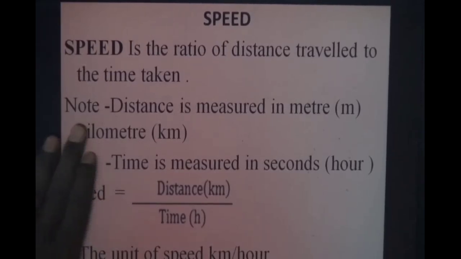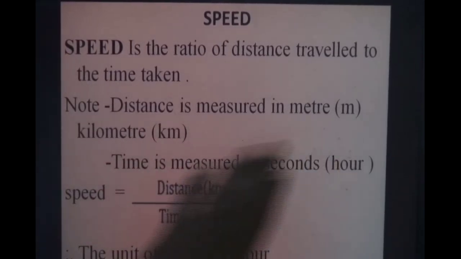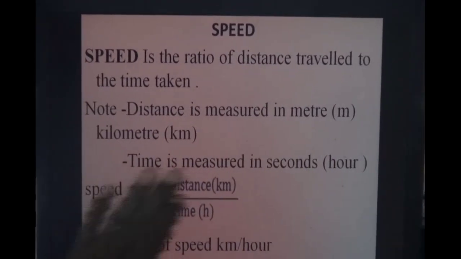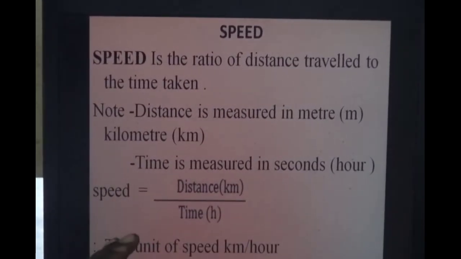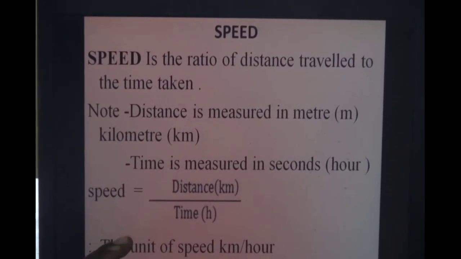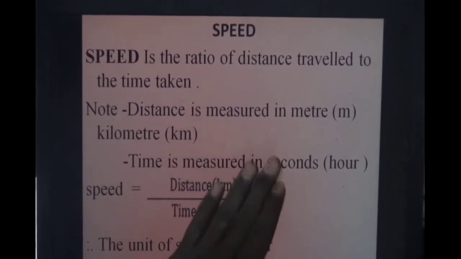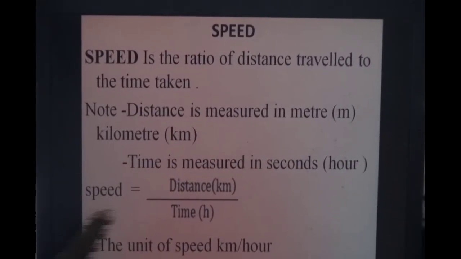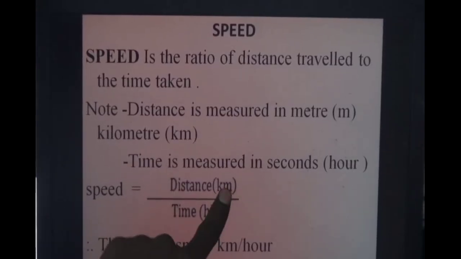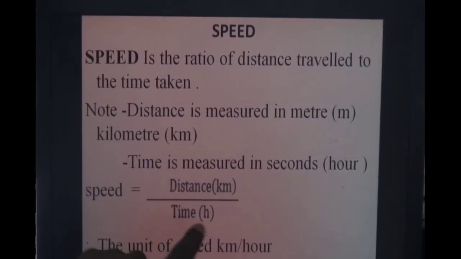Note, distance is measured in terms of meters or kilometers, and time is measured in terms of seconds or hours. So this is the unit for distance and this is the unit for time. If that is the case, speed is equal to distance, measured in kilometers, over time, measured in hours.